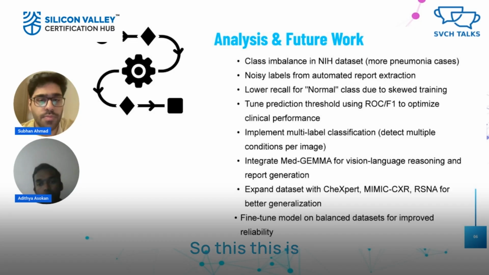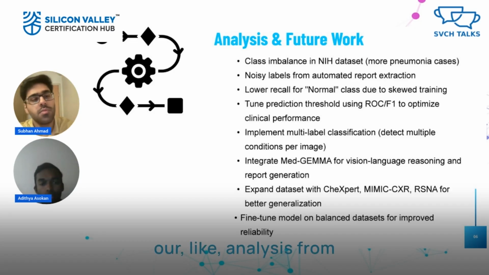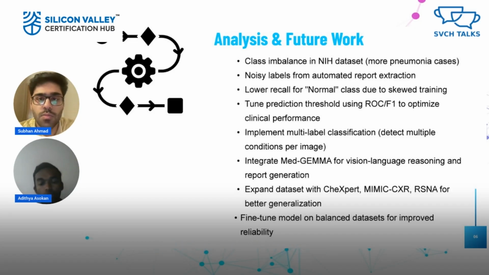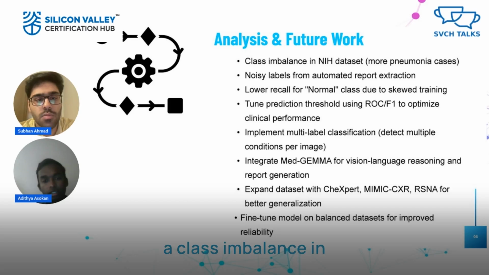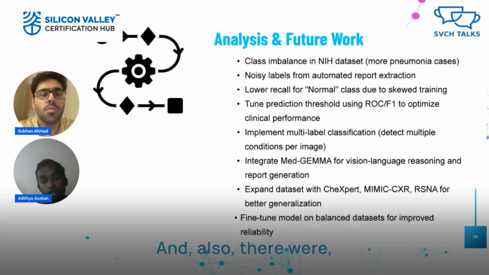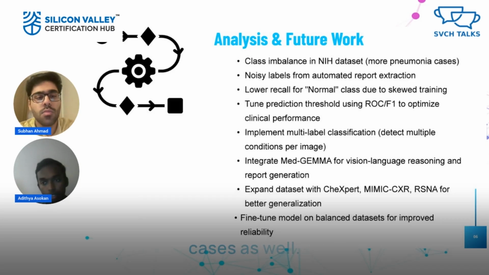So this is our analysis from this project, and also what we intend to do for our future work. What we found is a class imbalance in the NIH dataset. There were a lot of normal images at first, and we had to remove a lot of normal images, and there were also more pneumonia cases as well.